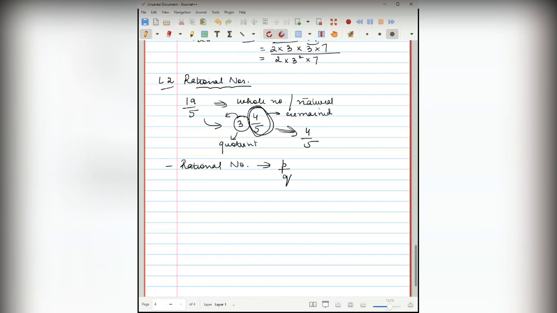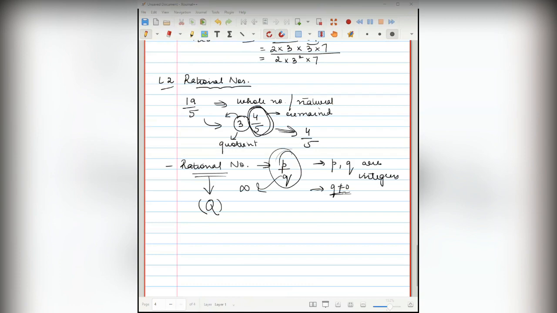There are some rules for this: first of all, p and q are integers, and q should never be equal to 0. If this becomes 0, then this entire part goes into infinity. So q can never be 0. And to represent this, we have a special symbol, Q. So this is the concept of rational numbers.